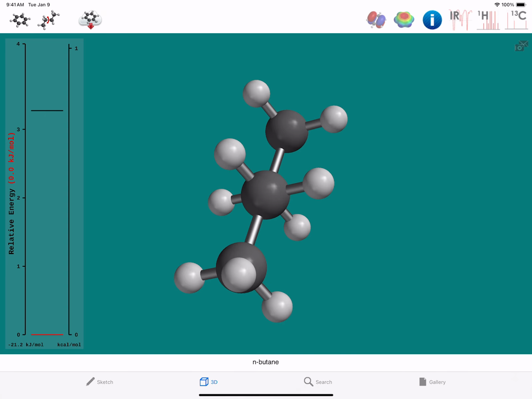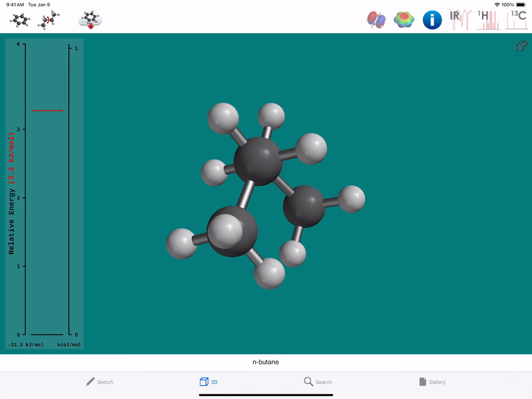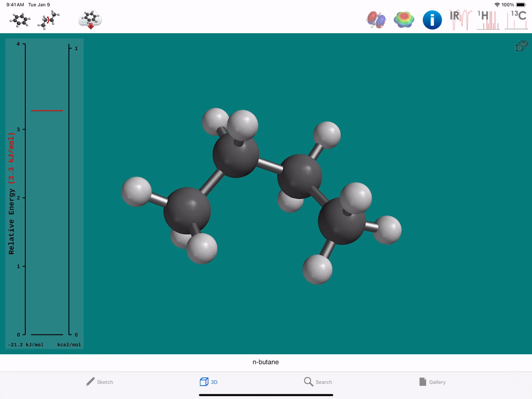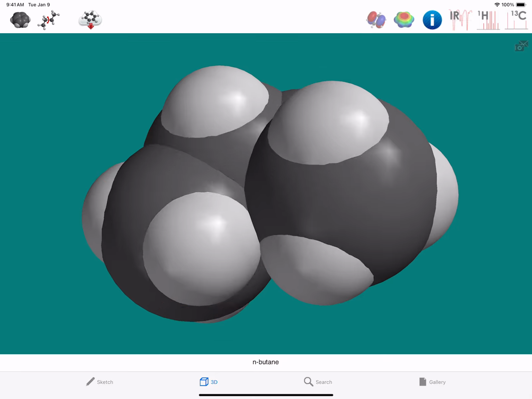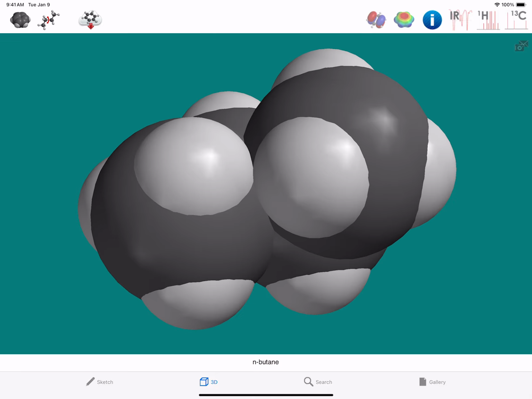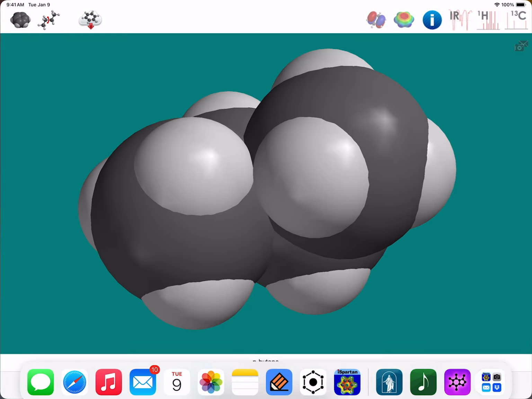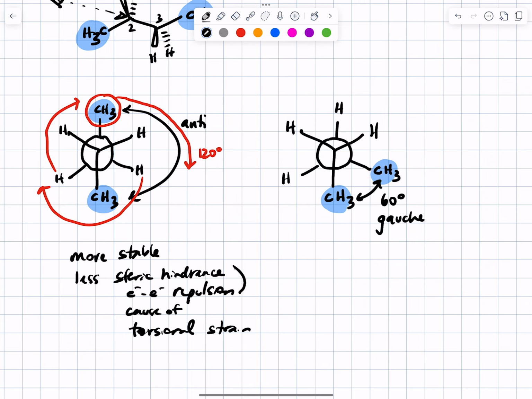And then here is the gauche conformation of butane. Now, even there, it doesn't look like the methyls are bumping into each other, but if we make that space filling, you can see that they are. They're actually in touching distance. So that's repulsion, and that's why the gauche conformation of butane is less stable.